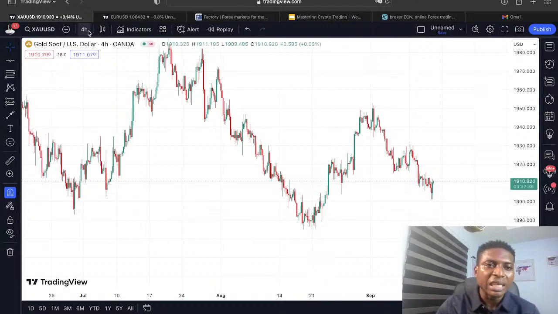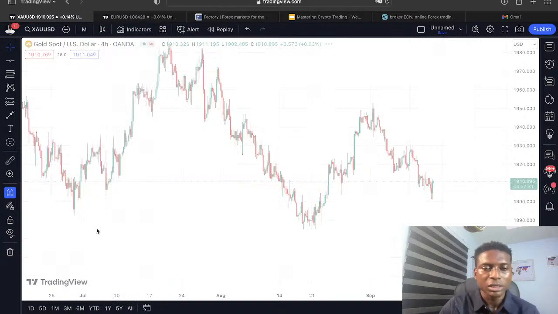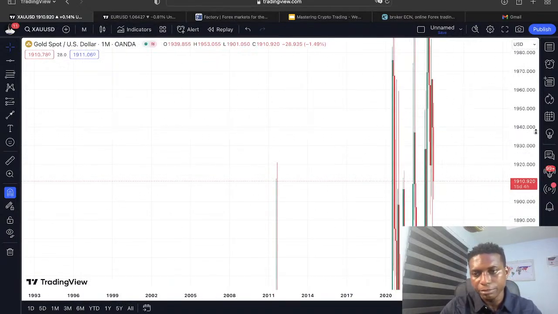Let's do the top-down approach on gold, starting from the monthly time frame.